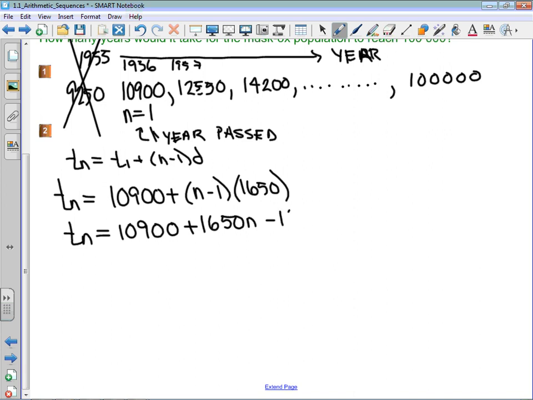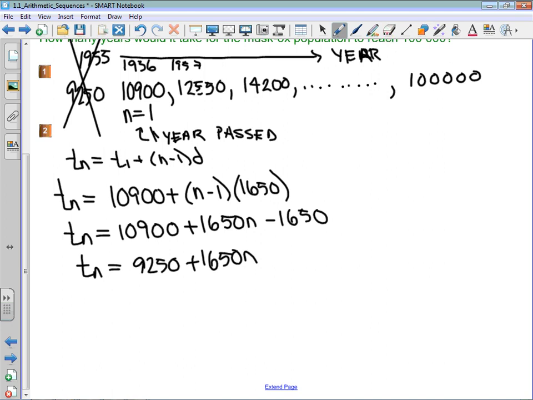And what I get is that Tn is equal to 9250 plus 1650n. And we see that 9250 show up again, but it's not in the form on your formula sheet. 9,250 is not the first term. It's just what we're adding that 1650 per year onto.